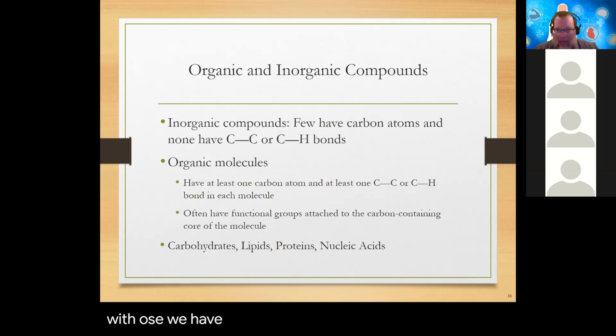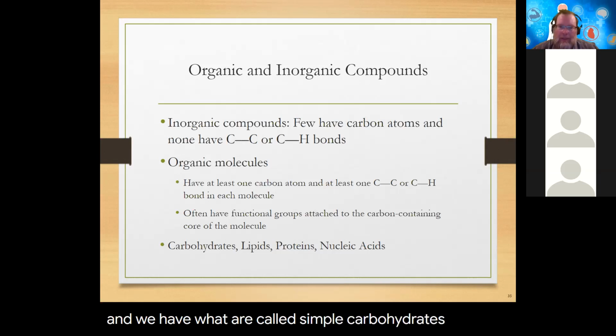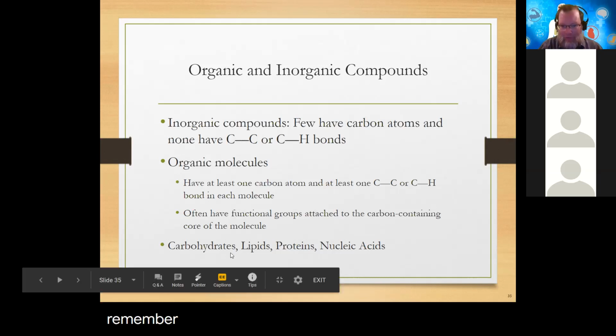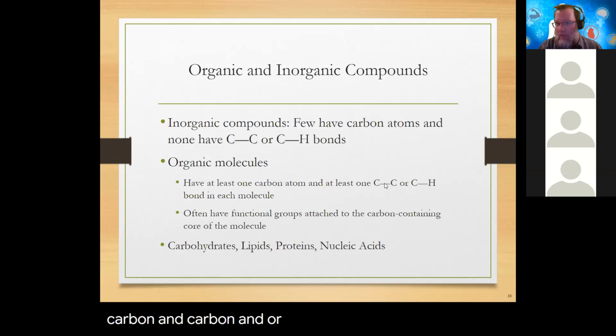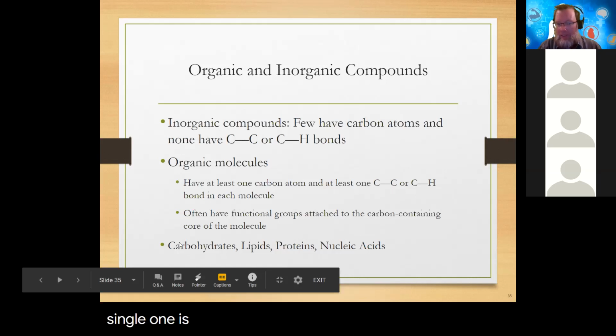We have what are called complex carbohydrates, and we have what are called simple carbohydrates. Complex carbohydrates are going to be long chains of carbons. Remember, all of these are going to have carbon and carbon, and/or carbon and hydrogen. Every single one of these, remember, because they're organic.